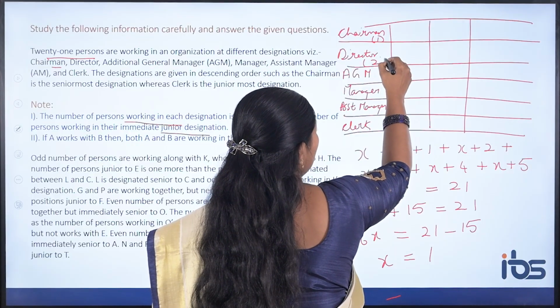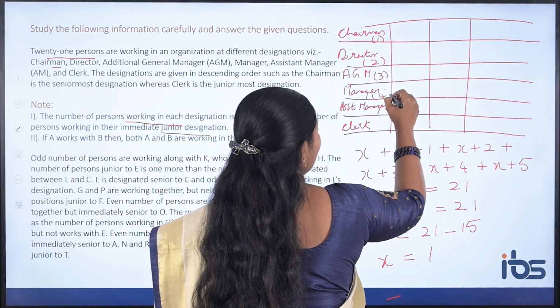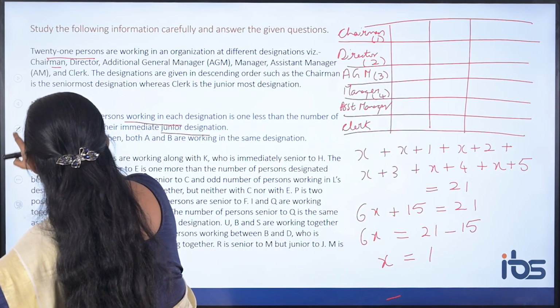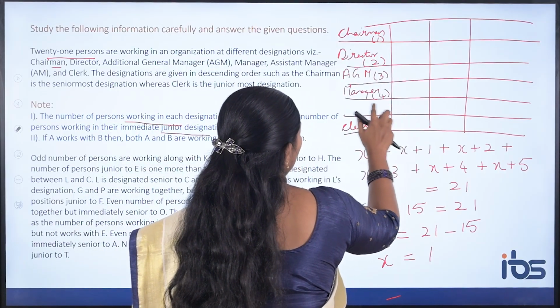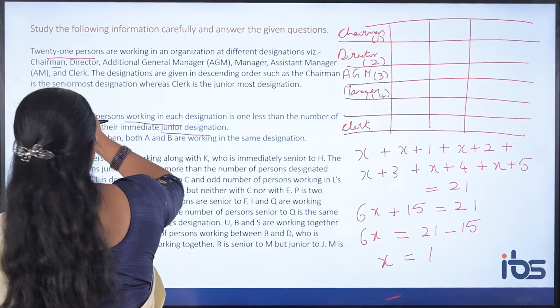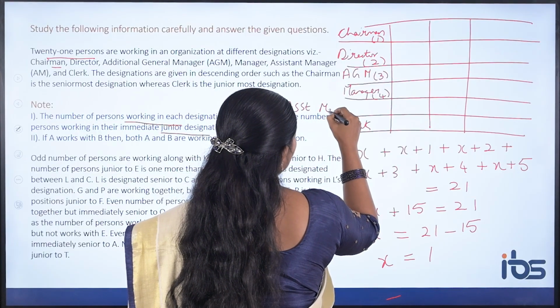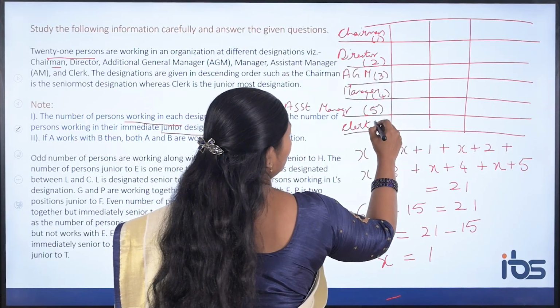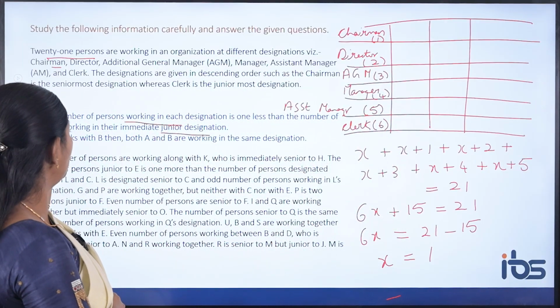Director you will have 2 persons, AGM 3, manager 4. I will write it down here. Since there is no space over here, I am adjusting it. Assistant manager you will have 5 persons, and clerk you will have 6 persons. So this is how, from this up to the note.